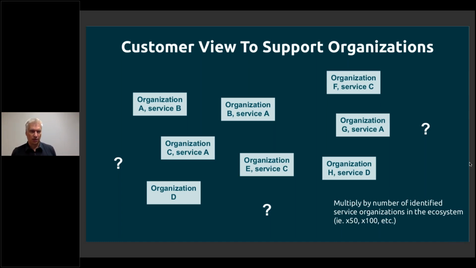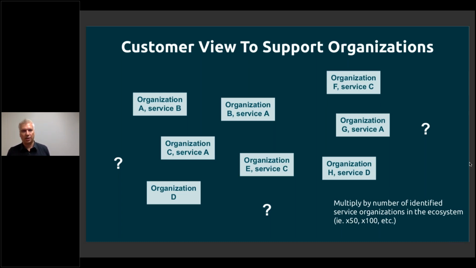The confusion is that even if you know how to read the ecosystem, who is who and what each organization typically does, the typical challenge is that there are a lot of organizations with multiple different services, and oftentimes those services may be outdated, still on the website but not available.